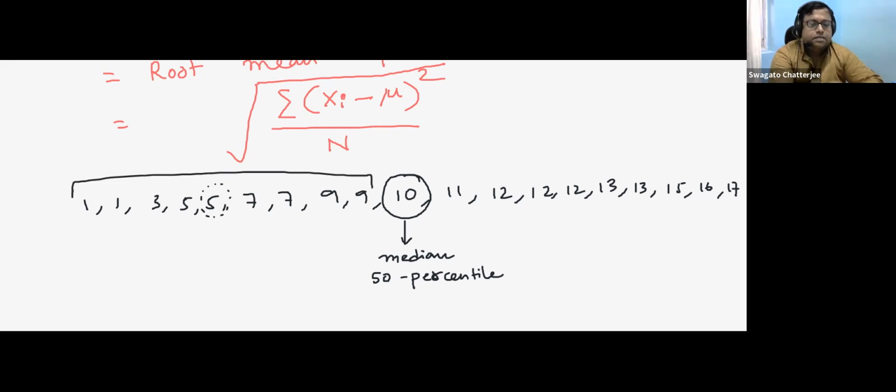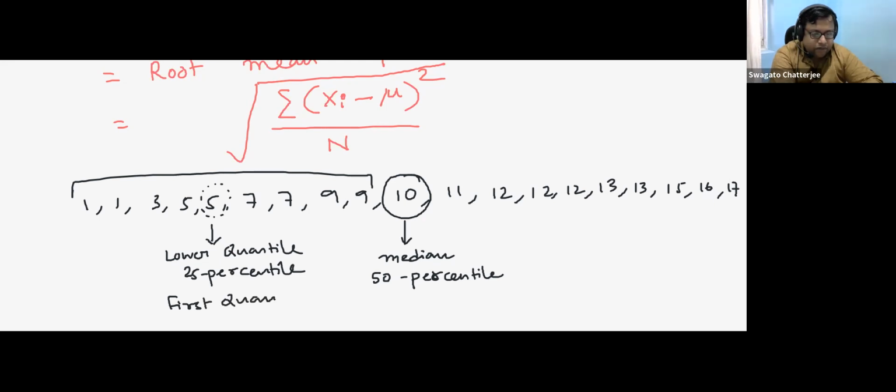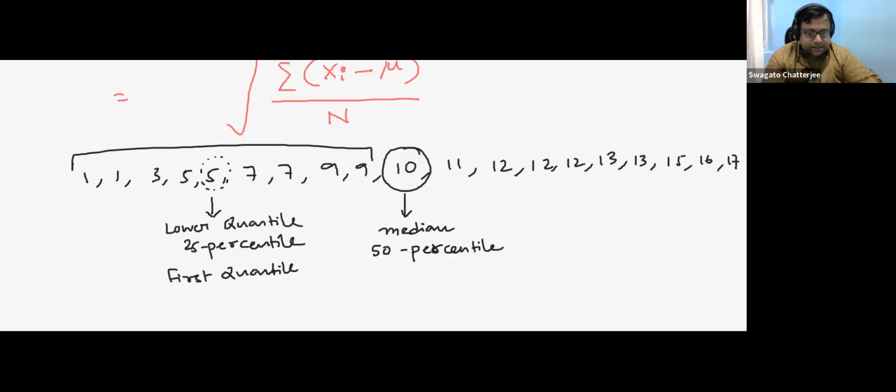This can also be done this way: this is my lower half, and the median of my lower half is my 25th percentile. The 25th percentile is also known as the lower quartile or first quartile. Why quartile? Because 1/4 is lower than this.